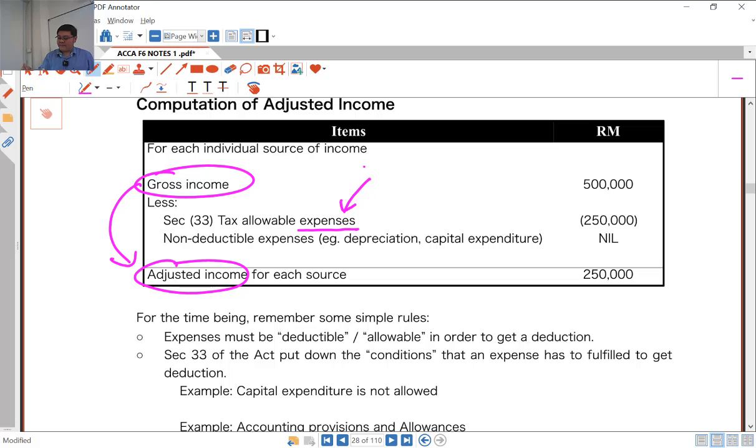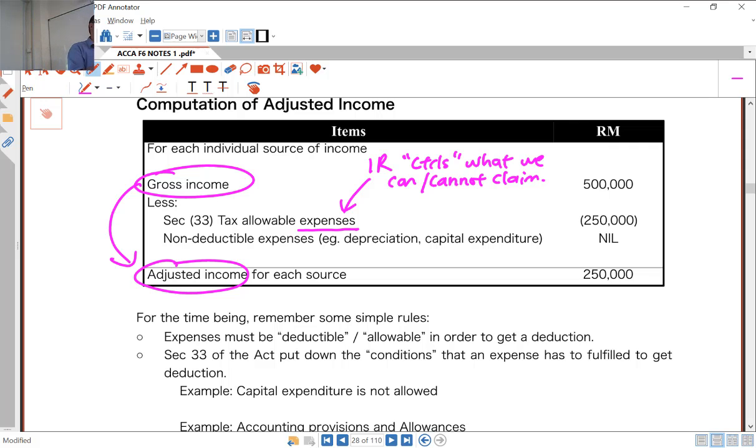But you must remember, the Inland Revenue controls what we can or cannot claim. Okay, now I'm just using a very loose term here. I say Inland Revenue, but of course, Inland Revenue doesn't control, it's by the law. All right, so the law tells us which expenses you can claim and which you cannot claim.